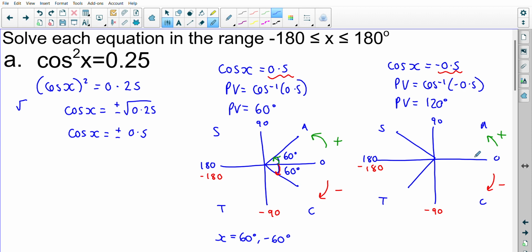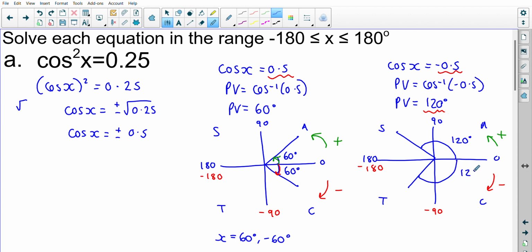Now, if this is the first time you've seen this before, every time you've got a negative y value for cos, the angle x will always be obtuse. So rather than drawing an acute angle here and here, which some students tend to do, you have to still start from the positive x-axis and draw an obtuse angle. So 120 degrees. That's the only time you're going to get an obtuse angle, when you're doing cos to the minus 1 of a negative.